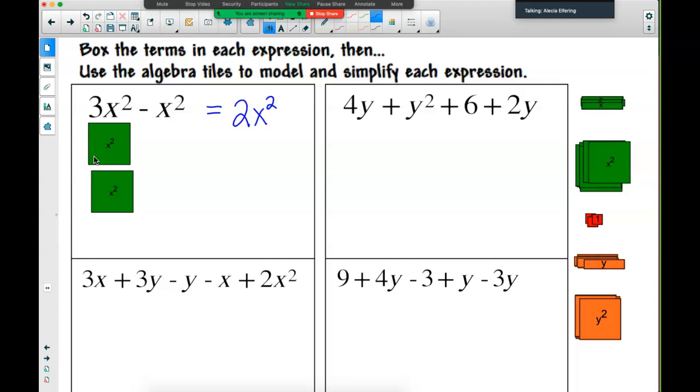So I want you guys to write this one in your notes. So write 4y plus y squared plus 6 plus 2y. Those of you at home do the same thing. Okay, so write that down. 4y plus y squared plus 6 plus 2y.